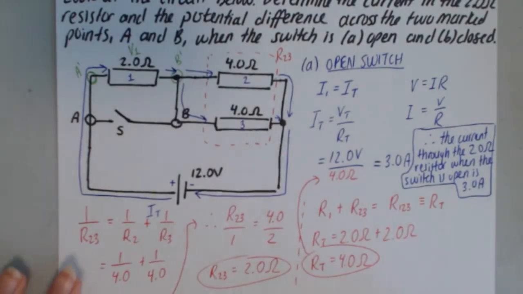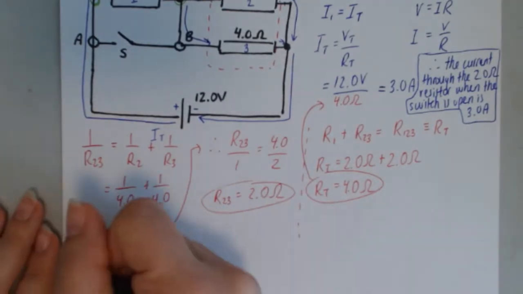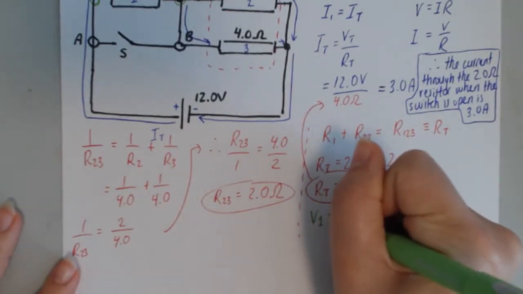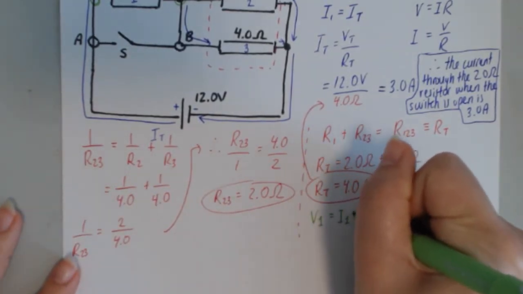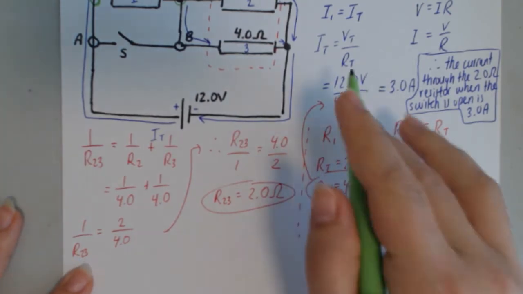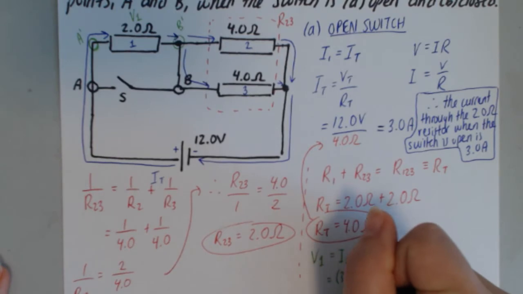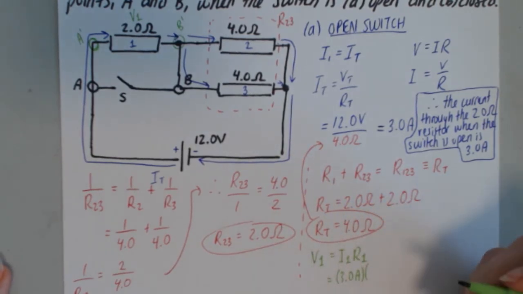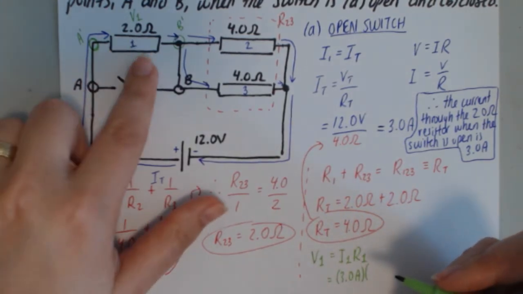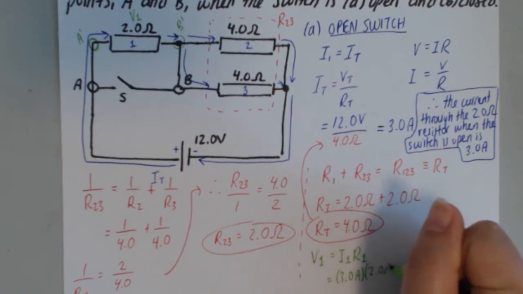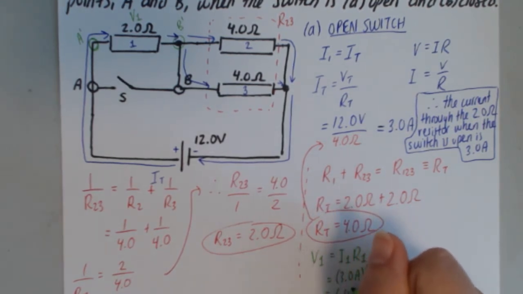Okay, now how do I find V1? Well, using Ohm's law. So V1 is equal to I1 times R1. And I1, I already stated, it's equal to the total current, which is 3 amps. And that's times the resistance R1, it's in the picture, 2.0 ohms. That's 6.0 volts.